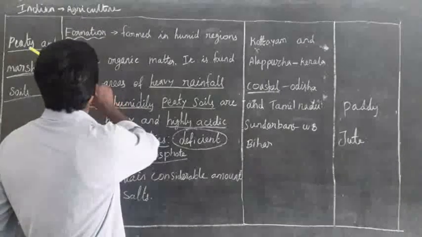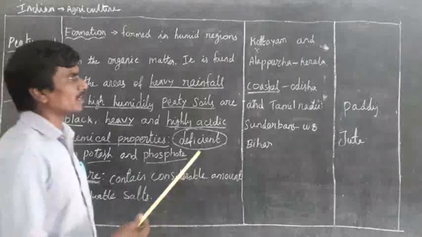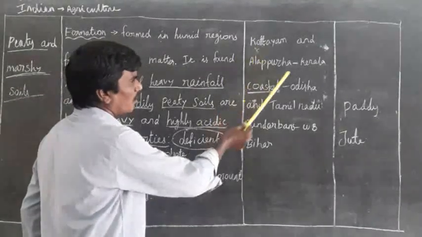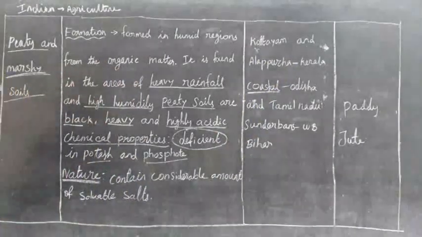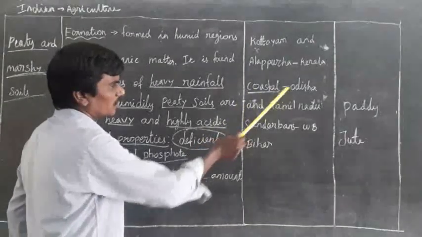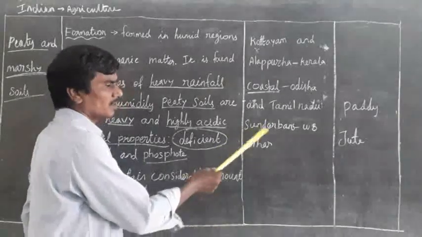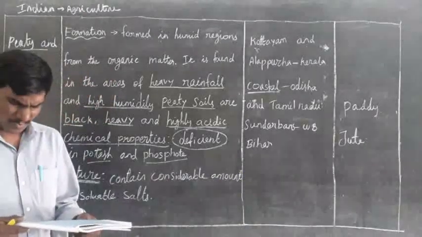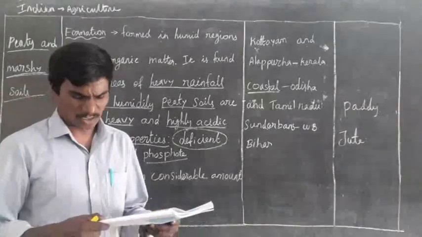These peaty and marshy soils are found in the Sundarban areas, in Kottayam and Alappuzha districts of Kerala, the coastal regions of Odisha and Tamil Nadu, West Bengal, Bihar, and some parts of the Almora district of Uttarakhand.